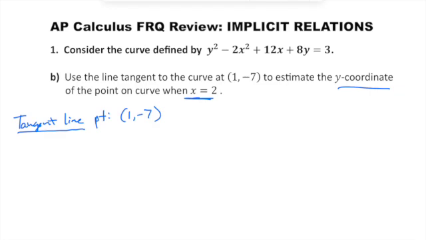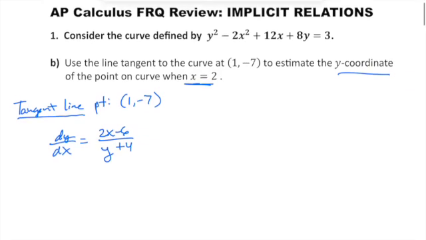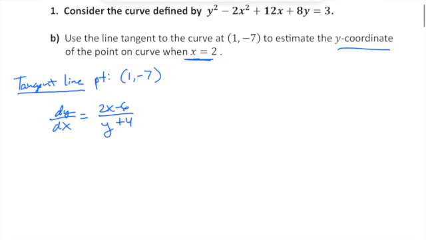So the derivative, as you may recall from the last step, dy/dx is (2x minus 6) over (y plus 4). You would not need to reprove or even reestablish what dy/dx is on the FRQ. It's a continuation. But remember, that's just the derivative. If you want the slope at (1, -7), you've got to plug (1, -7) into that.